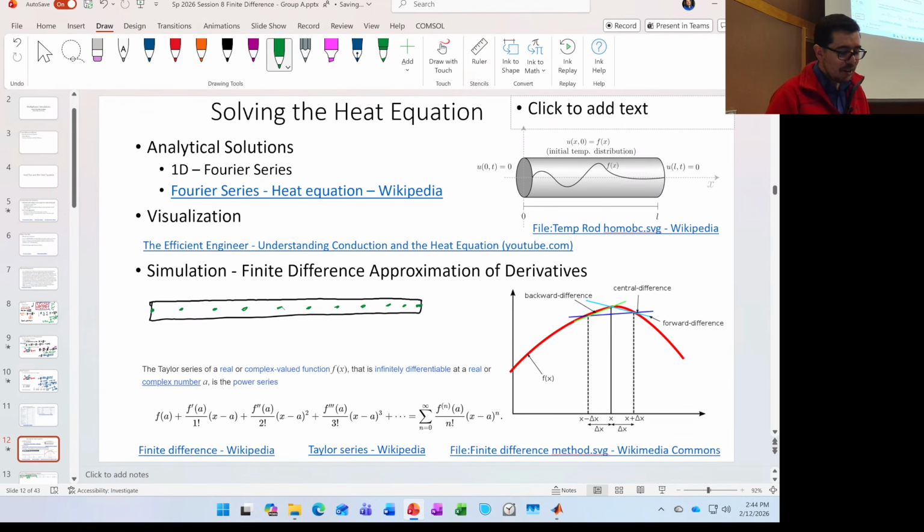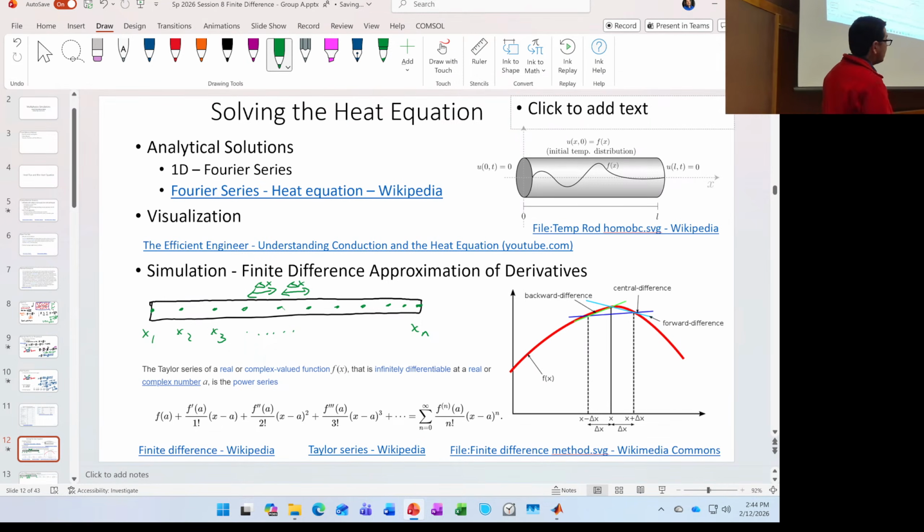But we have all these different points that we pick, and they have a gap between them that we'll call delta x, or our spacing.